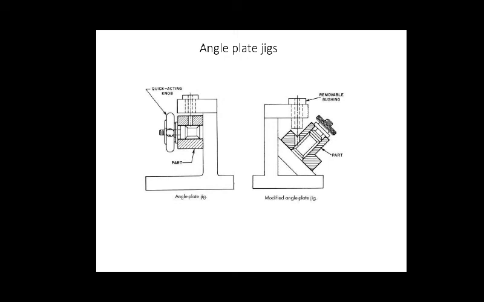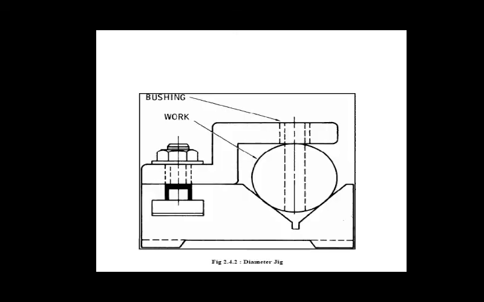Okay, so let us see the next type of jig, that is the diameter jig. Here you can see the shape of the workpiece, which is a round circular shape. And here you can see one of the arms kept on this round workpiece, and the round workpiece is held in a V shape.